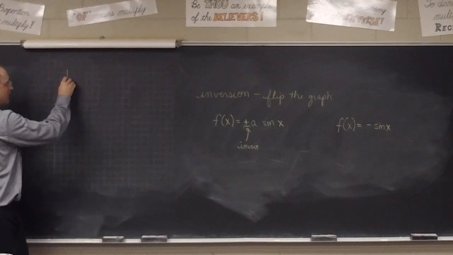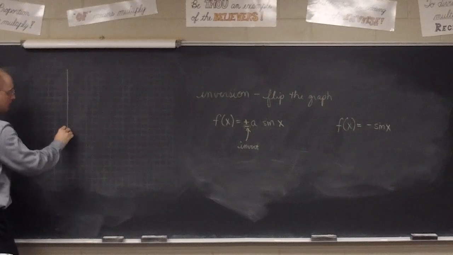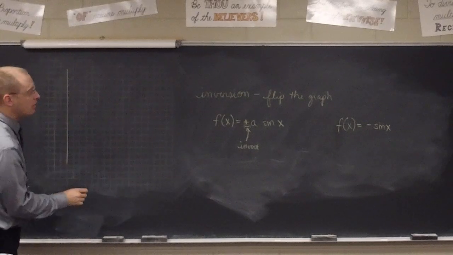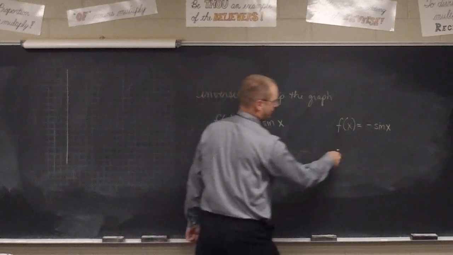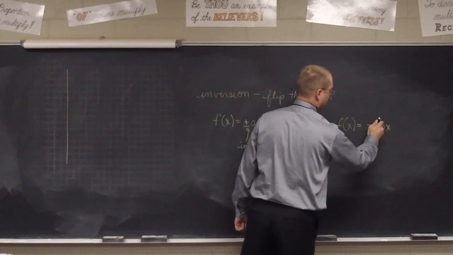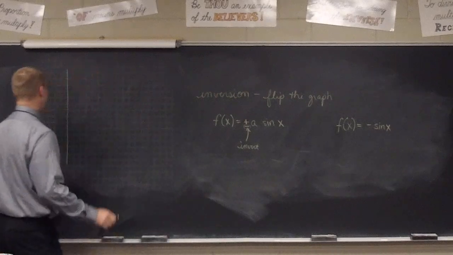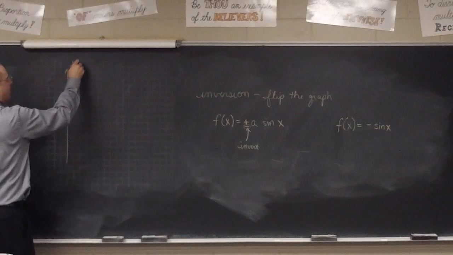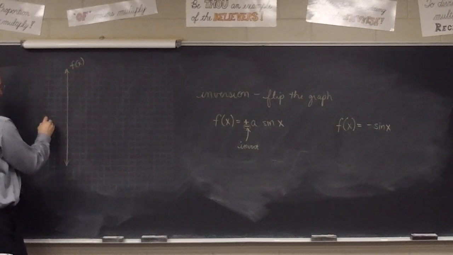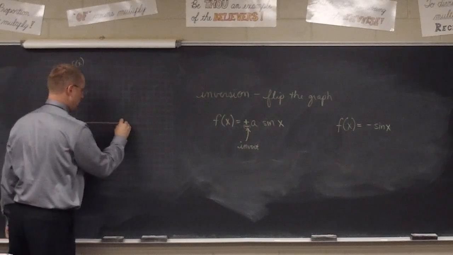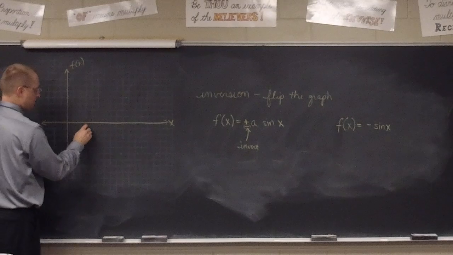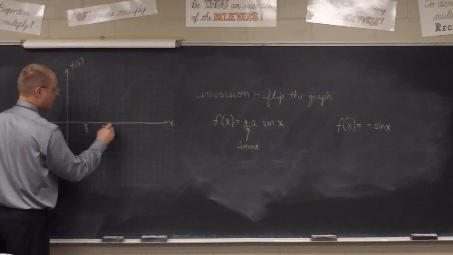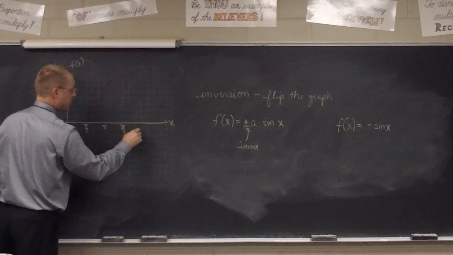All right, so we've got our f of x axis and our x axis, and pi over 2, and pi, and 3 pi over 2.